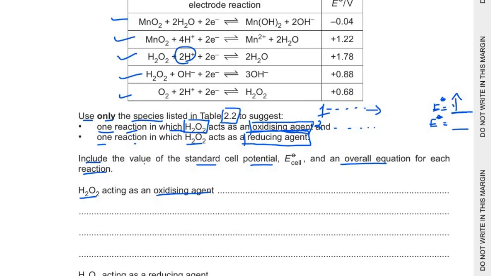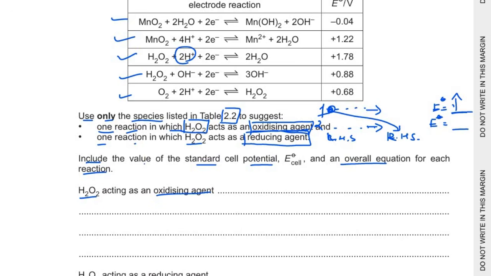And if it's an equation, we'll obviously have right hand side and left hand side species. I always say that the species in equation 1 is going to oxidize the species on the second equation.